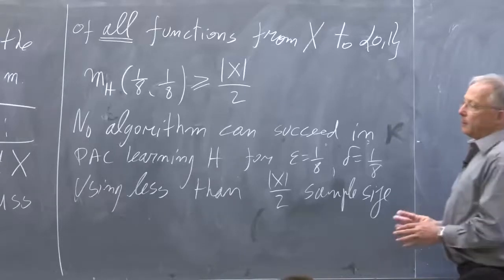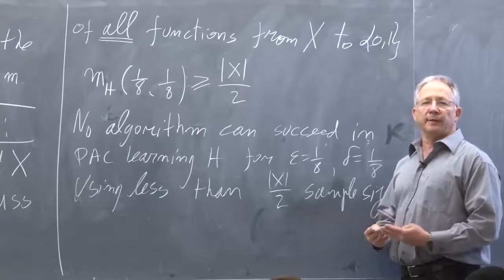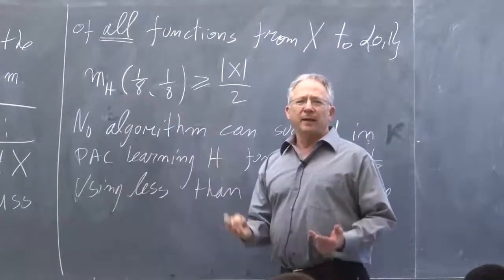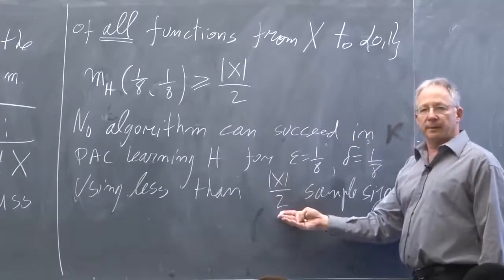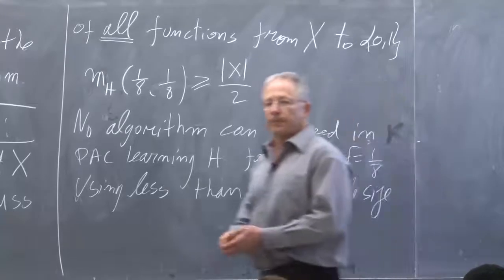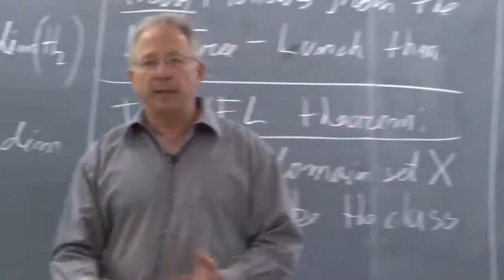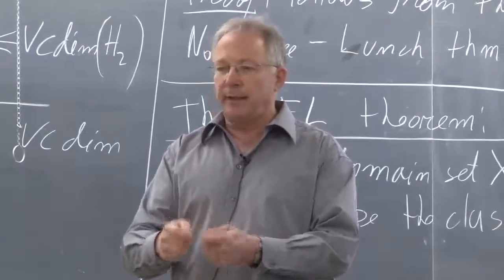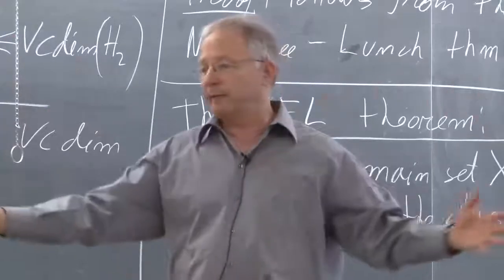Before we even go to the proof, note that in some sense this says we cannot learn the class of all functions. I only tell you here that you need |X|/2 many examples. But this is the difference between learning and memorization. In learning, we want that from a relatively small sample, I can deduce the behavior over the full set.